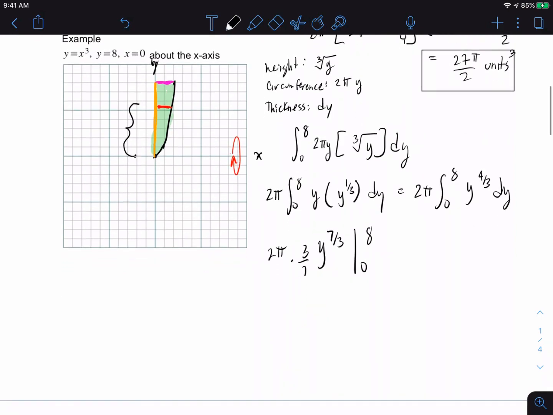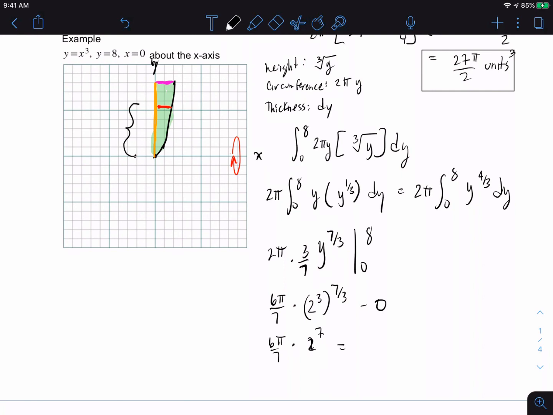Now, that is going to be 6 pi over 7 times 8, which is the same as 2 to the 3rd, right? Times 7 to the 3rd minus 0. So the 3's are going to cancel, so I'm going to get 6 pi over 7 times 2 to the 7th power.